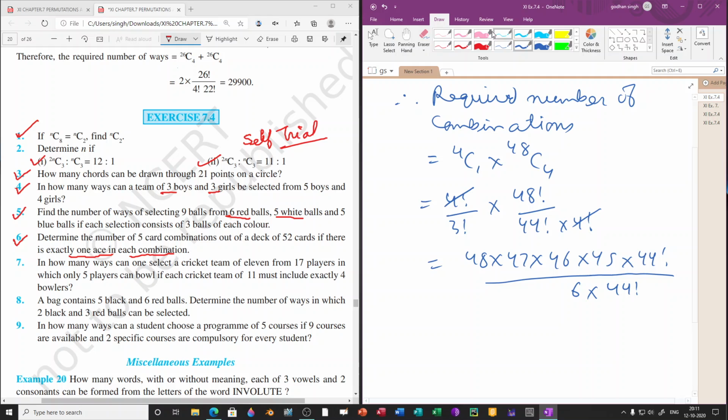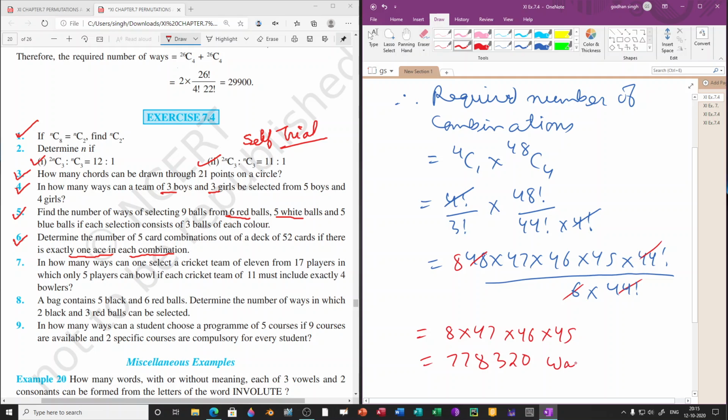So cancelling out 44 factorial from the numerator and denominator, and this 6 can also divide 48, so we'll be getting here 8. So what we are getting is 8 into 47 into 46 into 45, and this multiplication will give us 778320. You can multiply and check it out.